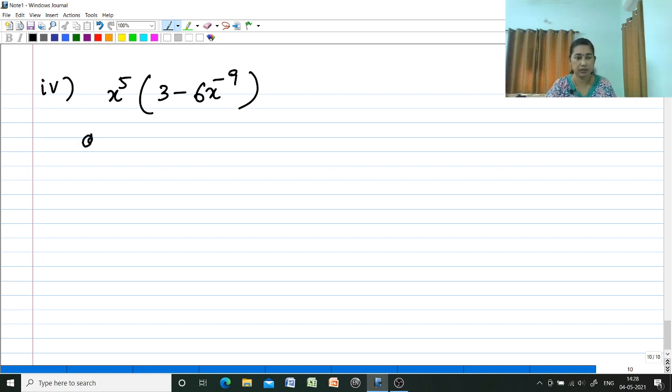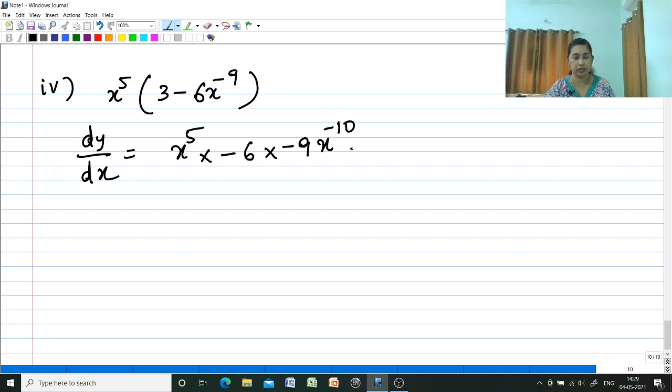So first function, dy by dx equals first function x raised to 5 into derivative of the second: derivative of 3 is 0 and derivative of minus 6x raised to minus 9. So minus 6 into derivative of x raised to minus 9 is minus 9x raised to minus 10, then plus 3 minus 6x raised to minus 9 into 5x raised to 4.